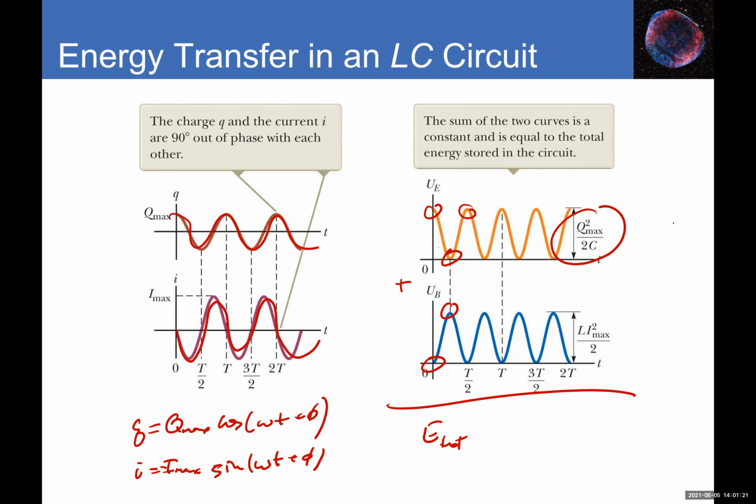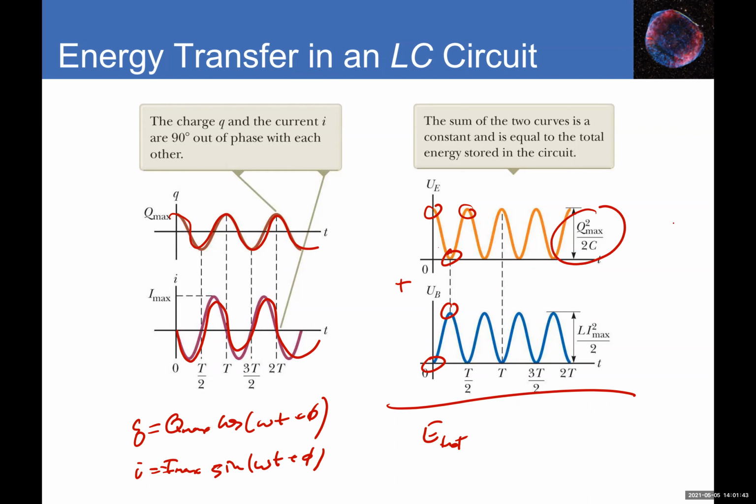That means U_E equals U max times cosine squared of omega t plus phi, such that it's always positive, because Q is squared.